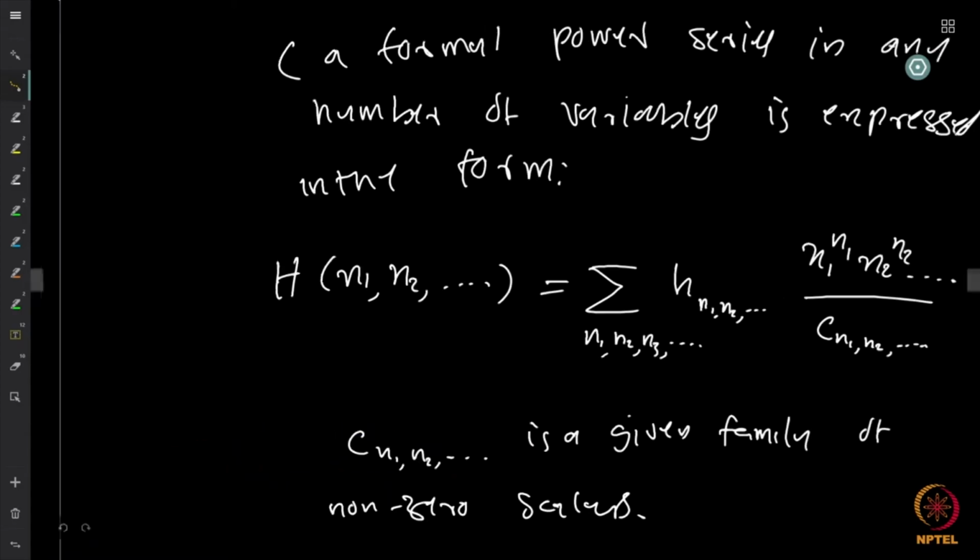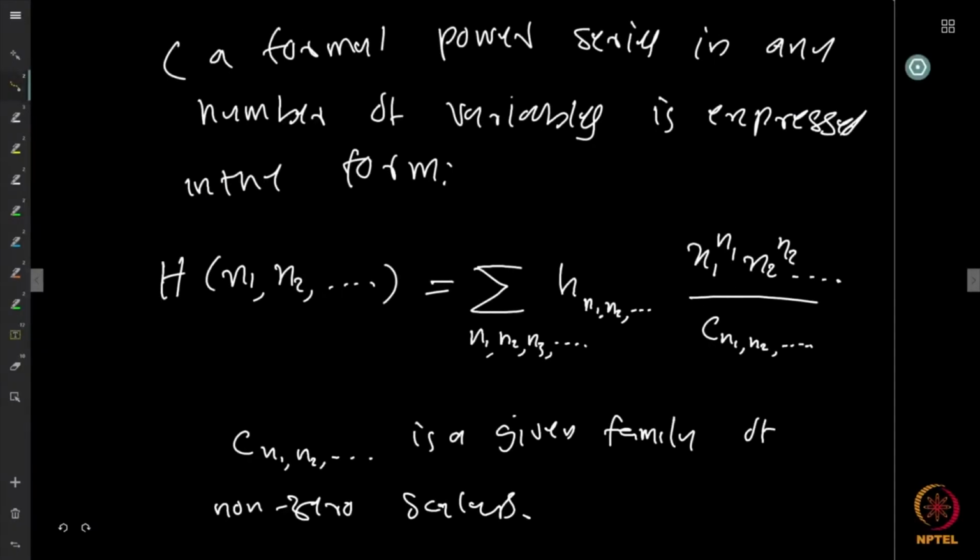In our case, it was n factorial here. It could be anything else. So that kind of thing is basically a formal power series, and you can generalize it to any number of variables as you please.